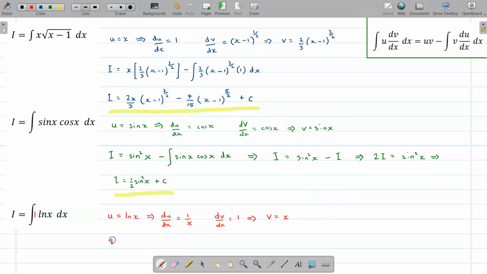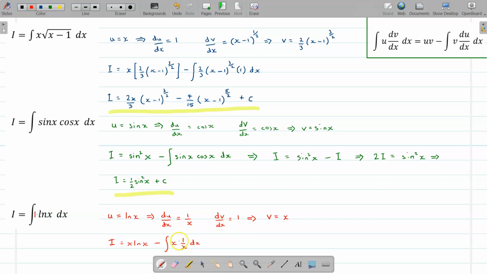So I is equal to uv, which is x, v is x, and u is log x, so it's x log x, minus the integral of v, which is x, times du by dx, and du by dx is just simply 1 over x, with respect to x.